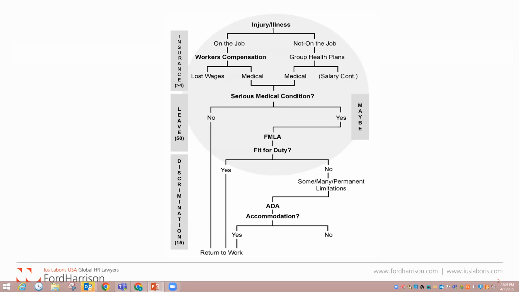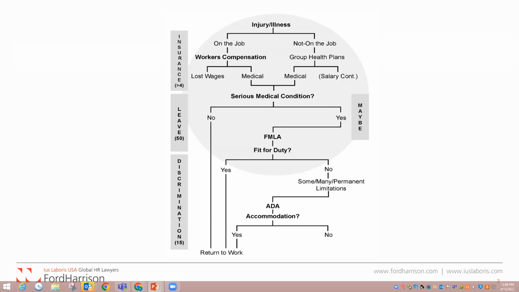Then after that, if the individual is done with their FMLA leave and they can come to work, they're fit for duty at the end of the 12 weeks, they're perfectly fine, they're going to return to work. That's the left side of the flow chart. On the right side, we have no, the person is not fit for duty. They have perhaps something that's going to qualify under the Americans with Disabilities Act as a disability under the ADA.